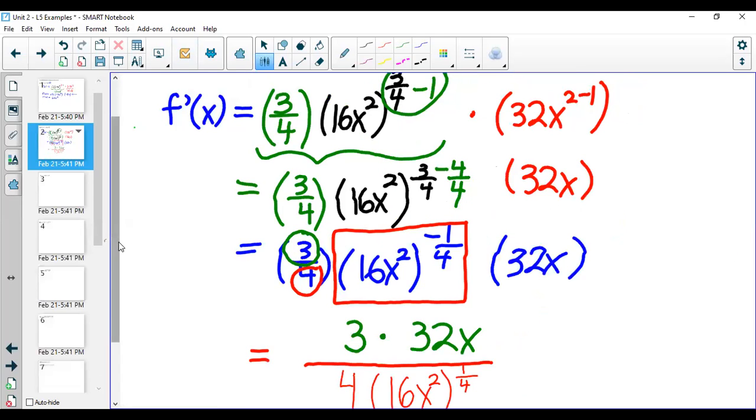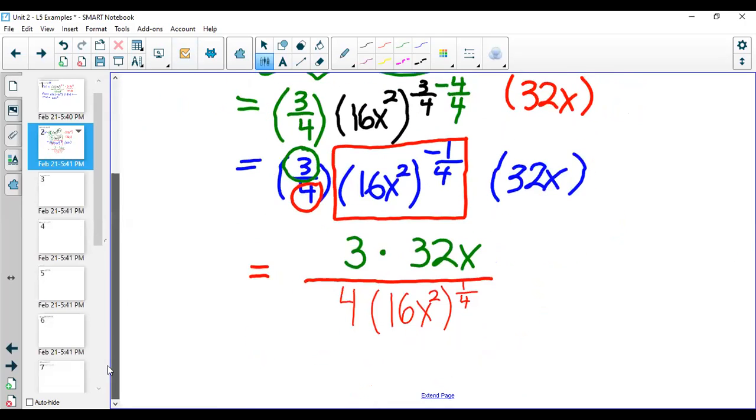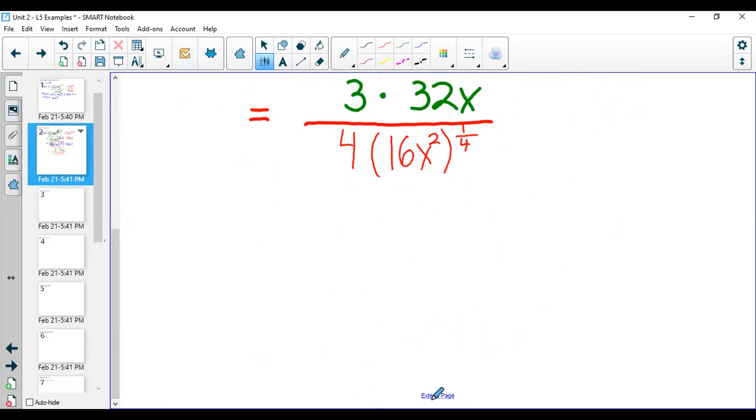Okay, so how do we go further from here? I'm going to extend the page a little bit and take my blue. So 3 times 32x is going to give me 96x.